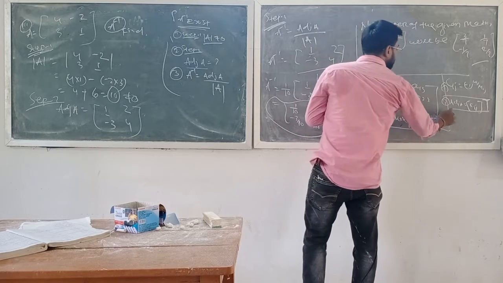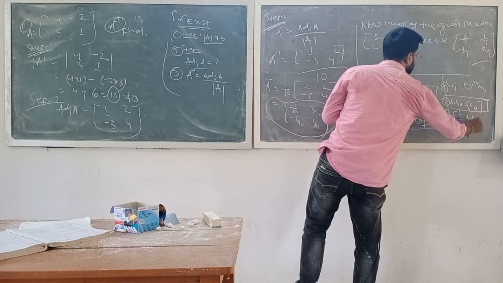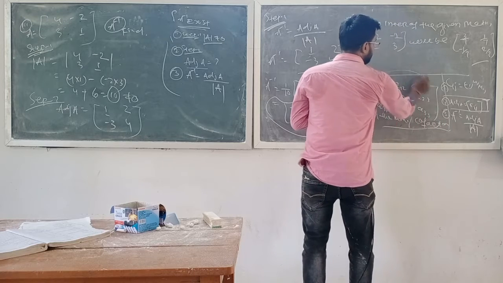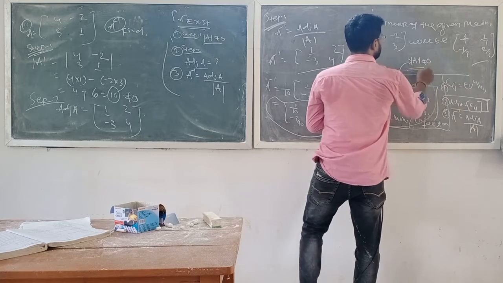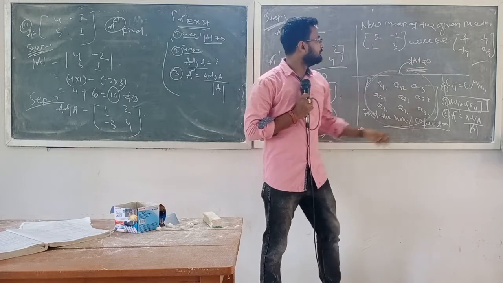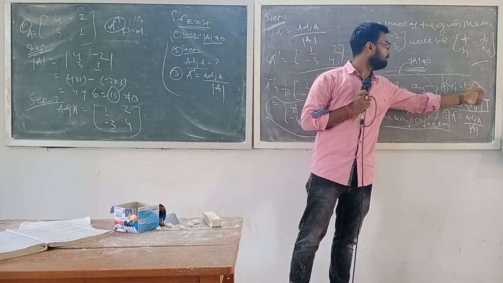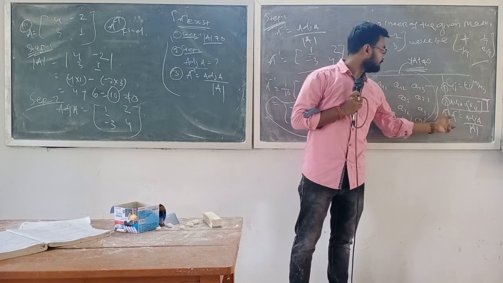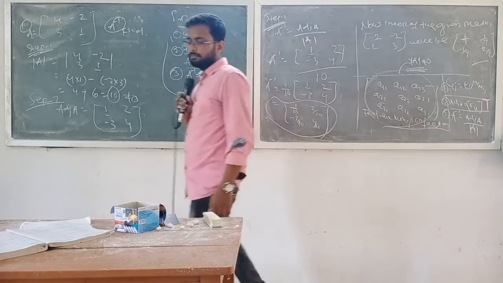Then third step, A inverse is adjoint A by determinant of A. First of all, you check the determinant of A is not equal to 0. This is the main condition. Then find out the cofactor Cij is equal to minus 1 to the power i plus j into Mij. Then you find the adjoint of A. Then you can solve A inverse as adjoint A by determinant of A.